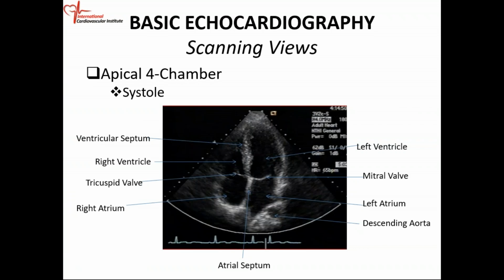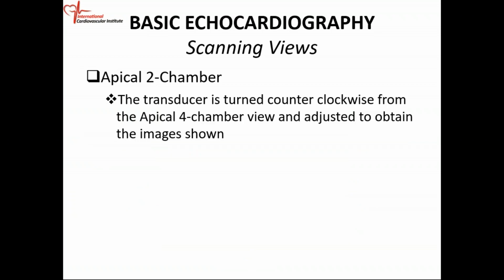To get to the apical 2-chamber view, from that position, you're going to rotate the transducer counterclockwise. Not clockwise, counterclockwise. And you're going to get your 2-chamber view.